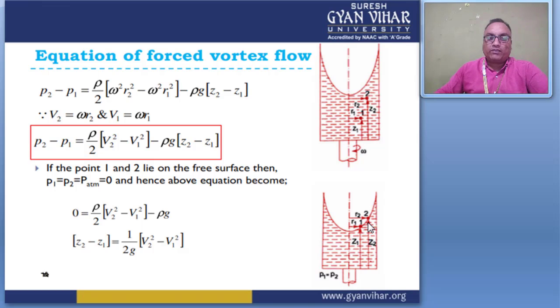In this case P1 and P2 are equal, because all points on the free surface experience atmospheric pressure, right? So P1 equals P2 equals P atmosphere equals 0.